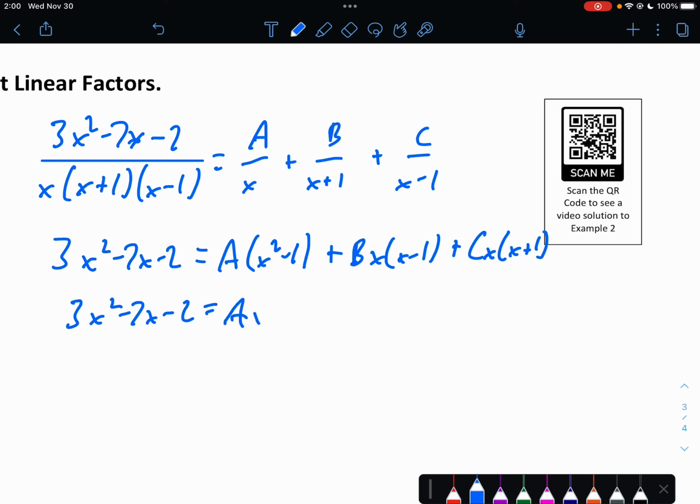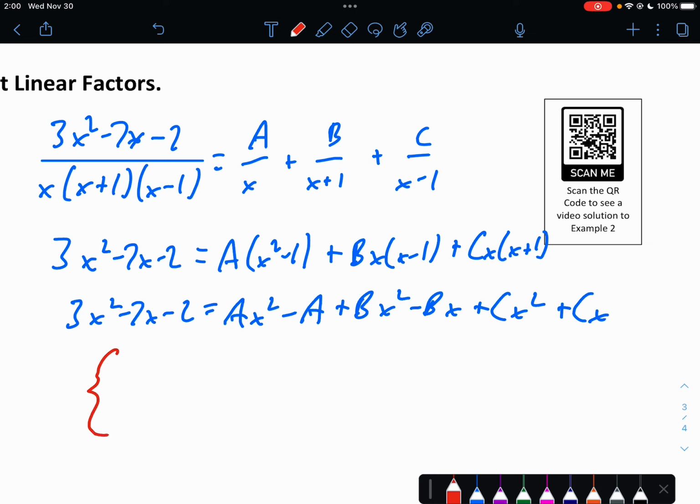We get ax squared minus a plus bx squared minus bx plus cx squared plus cx. So my system is going to be a three-tier system. The x squared, so 3 equals a plus b plus c. Negative 7 equals my x's, so negative b plus c. And negative 2 equals my constants, which is just negative a.